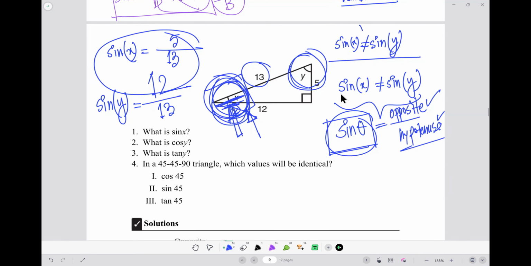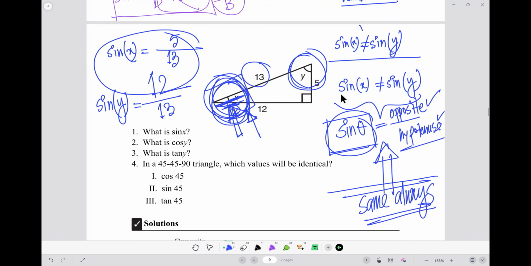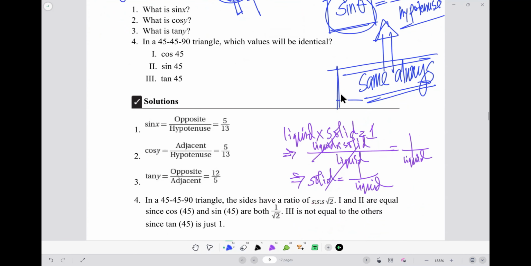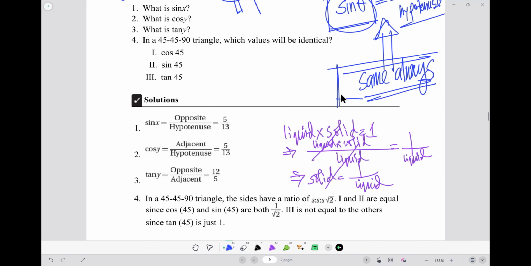But the definition of the sine function is always the same: opposite divided by the hypotenuse. This is always the same for any kind of trigonometric application for this particular function called the sine function. Do you understand? I think you should understand. There's no way of not understanding, because I'm really trying to make you understand.